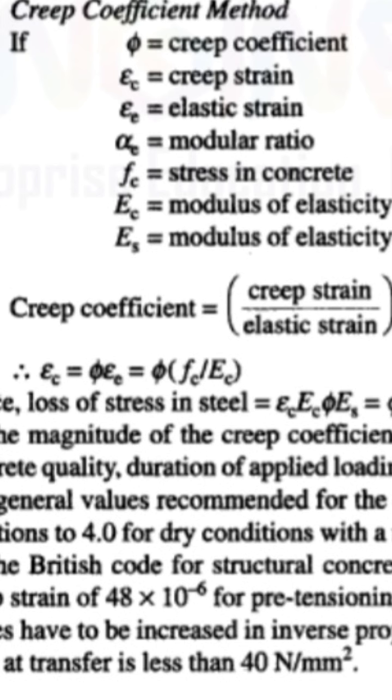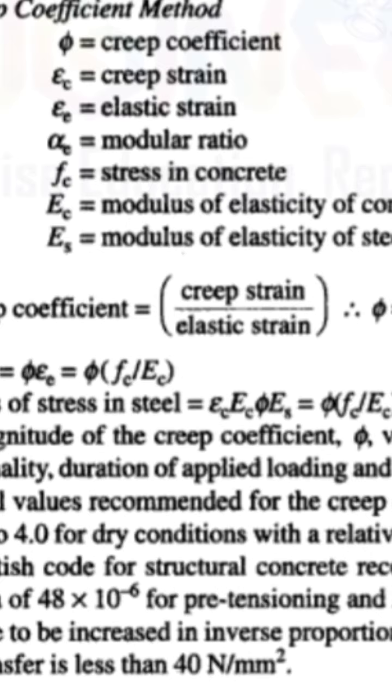So you know that the creep strain epsilon c is the creep strain of the concrete into the modulus of elasticity of the concrete, and phi is nothing but the creep coefficient, that is the creep strain by the elastic strain, into Es, that is the modulus of elasticity of the steel. By knowing this, we are able to find it.